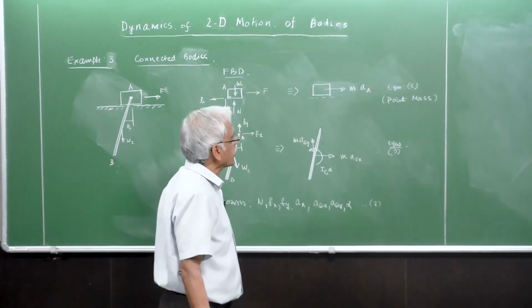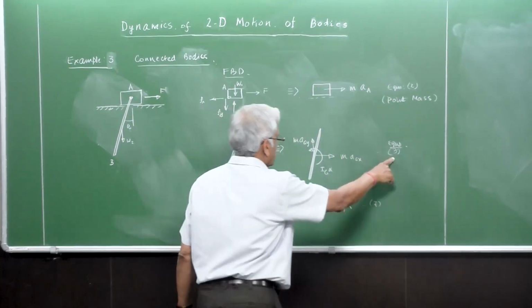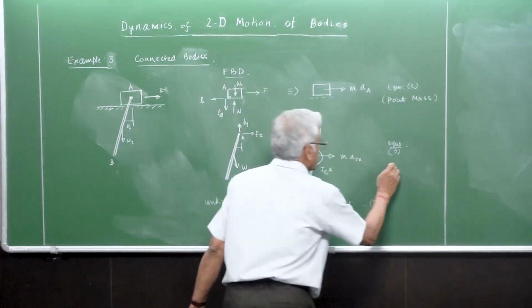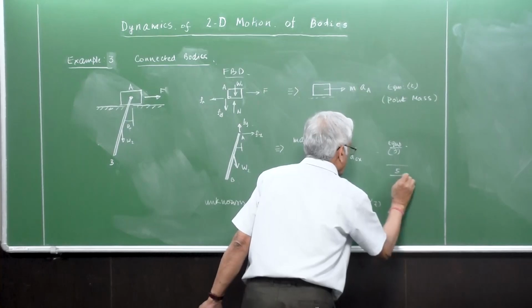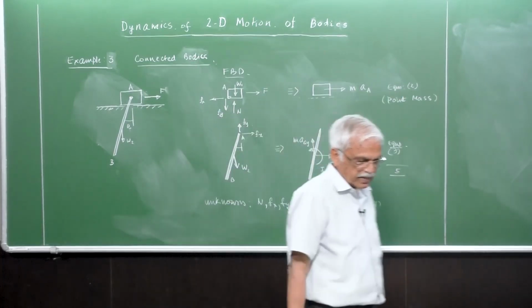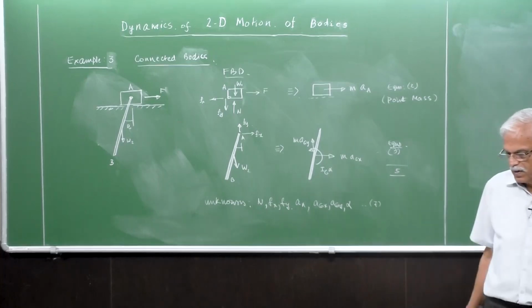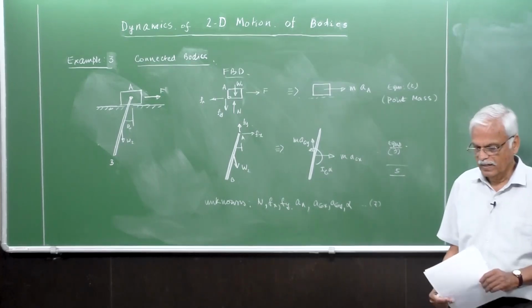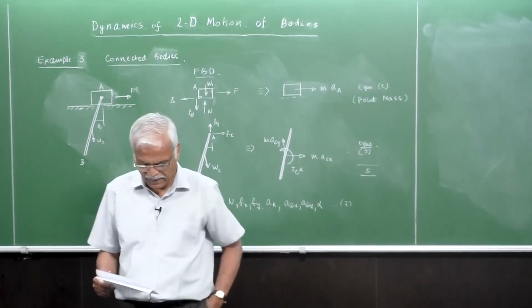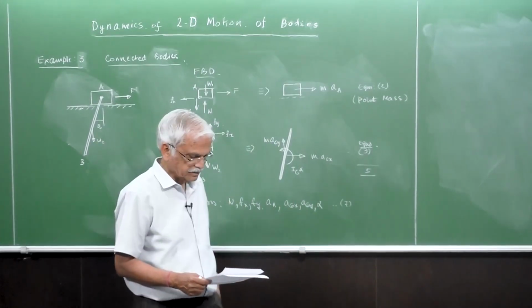Since this is a point mass, we'll have 2 equations, and this will have 3, and totally we get 5 equations, and we have 7 unknowns. So that means we require 2 more equations, right? So what is it that we can get?